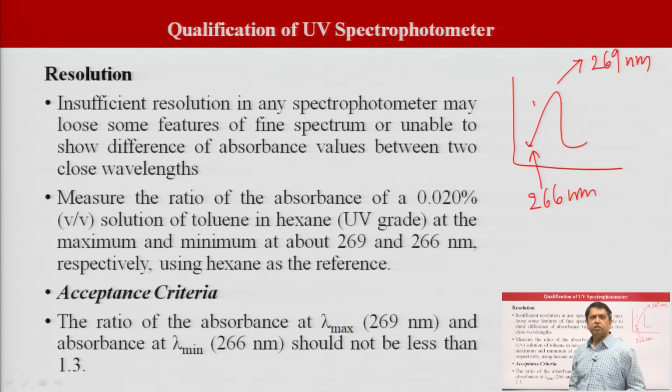If a UV spectrophotometer is capable enough to show the difference between these two wavelengths, which are very close, that means there is no problem in the resolution. So, this is another test that we perform in the operational qualification of the UV spectrophotometer.